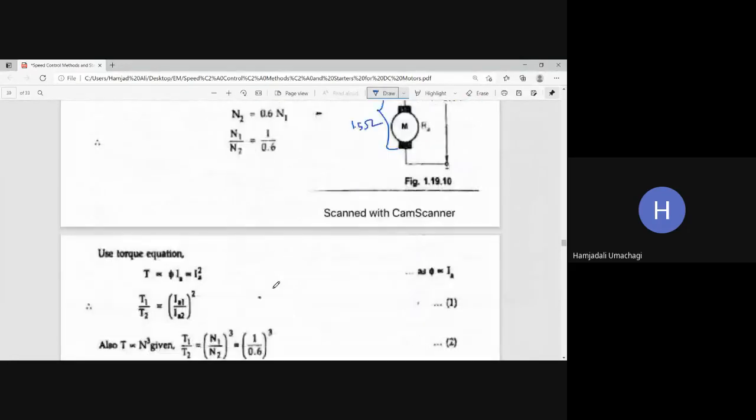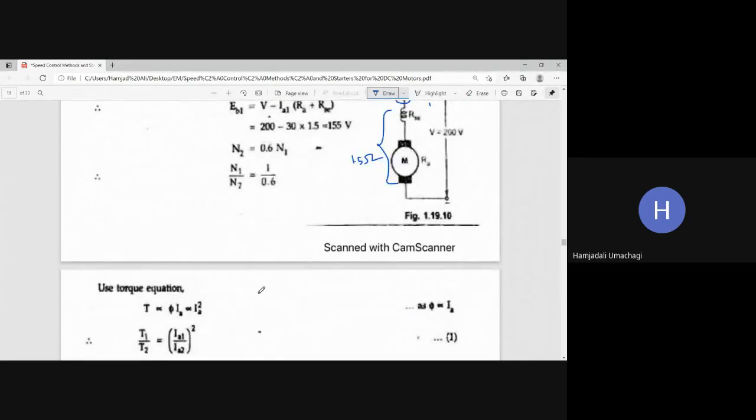And we know the well-known torque equation for DC motors: torque is directly proportional to phi into Ia. But in the case of a series motor, Ia is equal to Ise, which is equal to IL. Because of that, phi is also due to Ise.